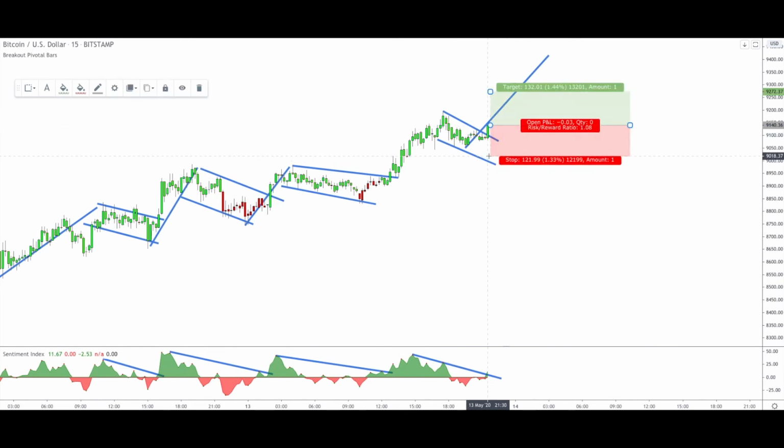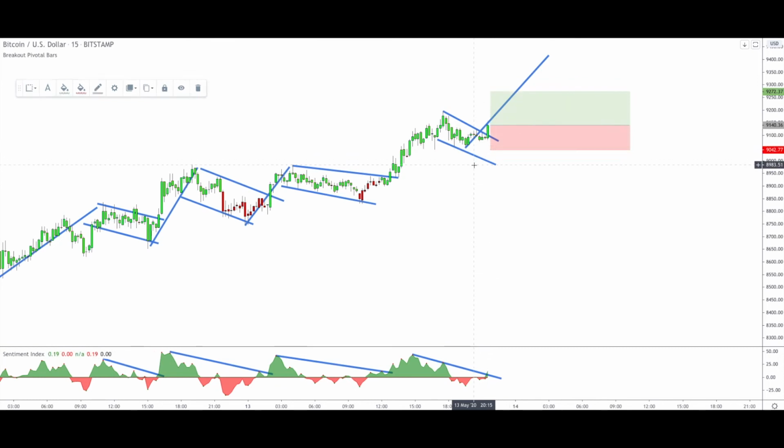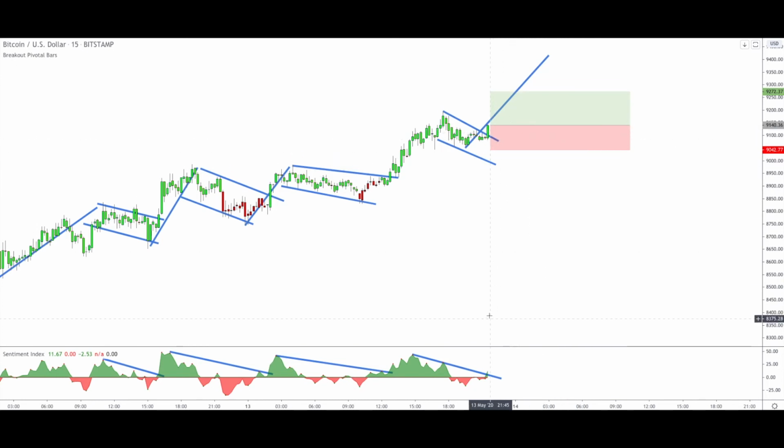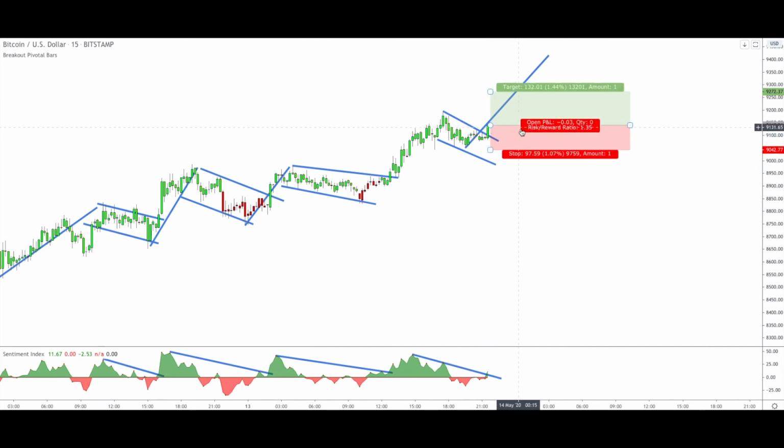Our stop loss will be just below our consolidation, because you must remember that this is an impulsive movement. So the chances are, since it is a valid impulsive movement, that this is going to move quite rapidly to the upside, and it will not stay for much long in this area right here.